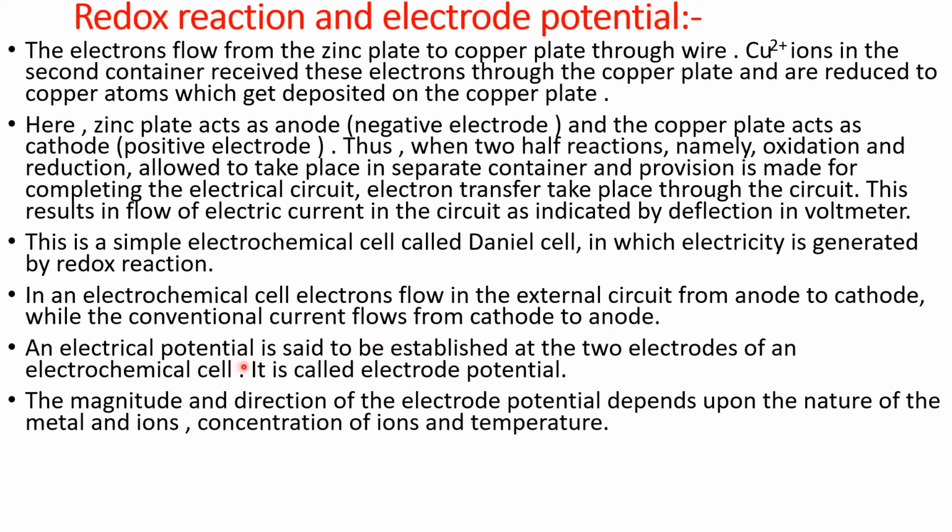An electrical potential is said to be established at the two electrodes of an electrochemical cell. It is called electrode potential.